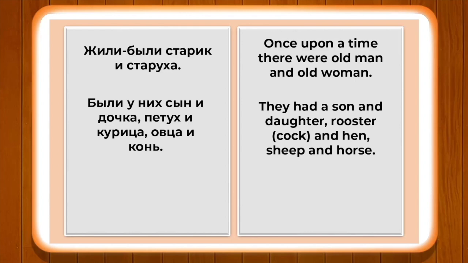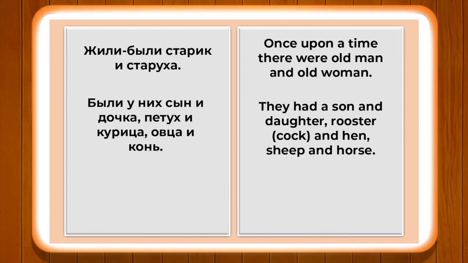So у них here means they had, были will give the connotation of had. So у них были, they had, сын means son, и дочка, дочка means daughter, петух means rooster, и курица, it means hen.